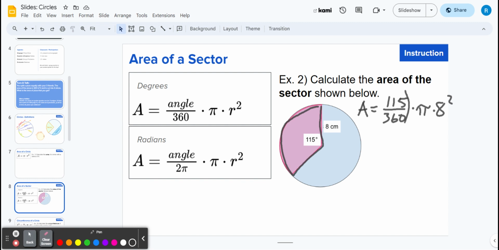One thing I like to do is throw parentheses around my fraction to make sure it goes in correctly into my calculator. If we do 115 divided by 360 times pi and times 8 squared, we should get 64.23. And since this is an area based on centimeters, we'll have centimeters squared as our units.